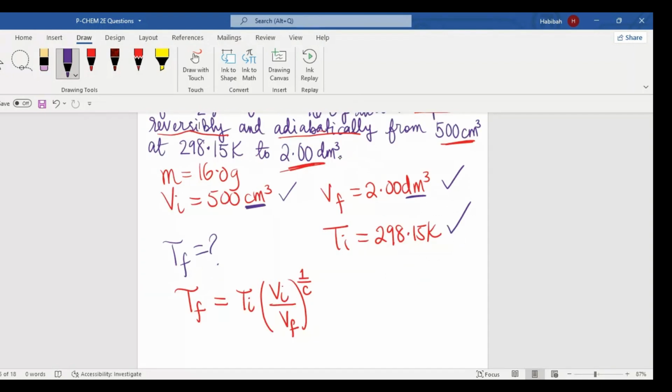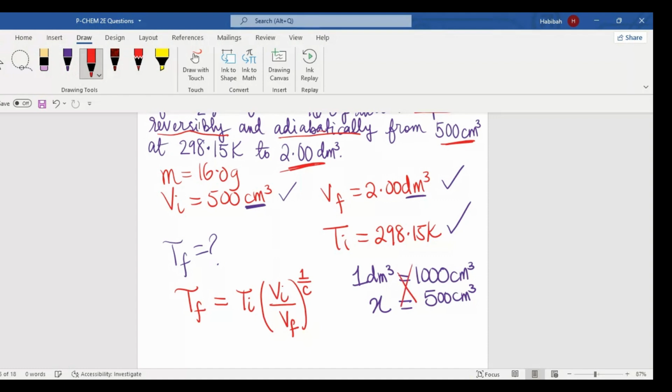To go from centimeter cube to decimeter cube, you have to note that 1 decimeter cube is the same thing as 1000 centimeter cube. And we're given the V initial to be 500 centimeter cube. So we're going to put 500 centimeter cube right here, and we're going to put the unknown X. Basically, we're trying to go from centimeter cube to decimeter cube.